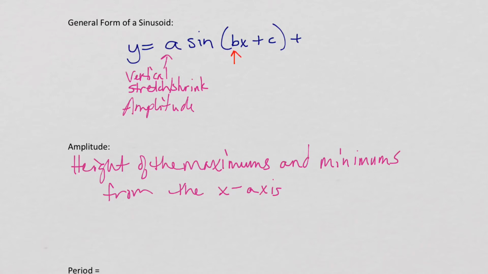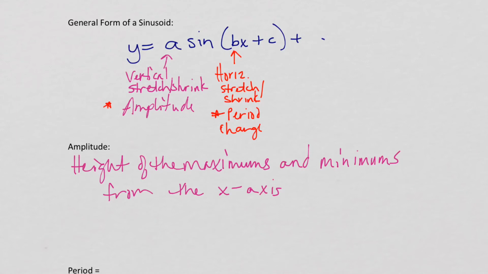B is my horizontal stretch or shrink. And it also denotes a period change. So it tells me how much my period changes by. And this is going to be a pretty big deal actually on that one.